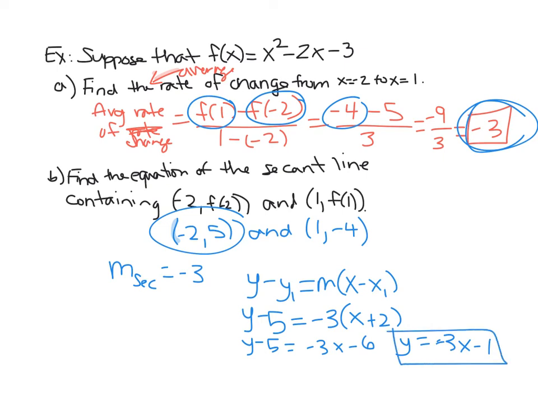So the last thing that you can do on this type of problem, and I highly recommend it, is to try to graph that equation, the original equation, and look at that line and see if it does look like it's a secant line. So I'm going to graph this. I know that this is a parabola. And one little tip is I already figured out that there's a point at 1, negative 4.